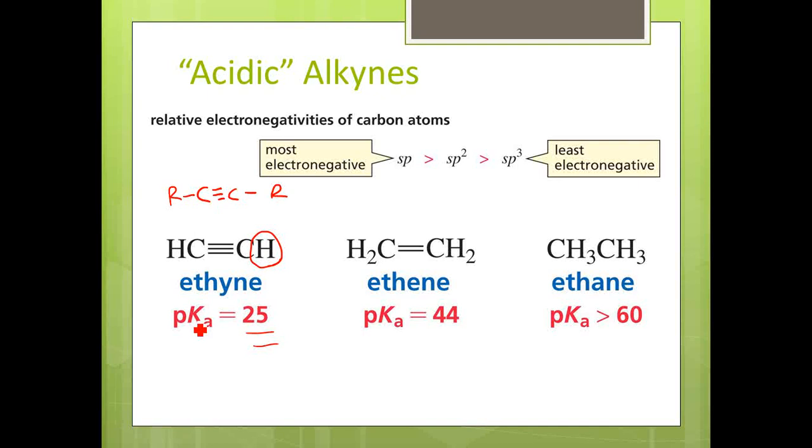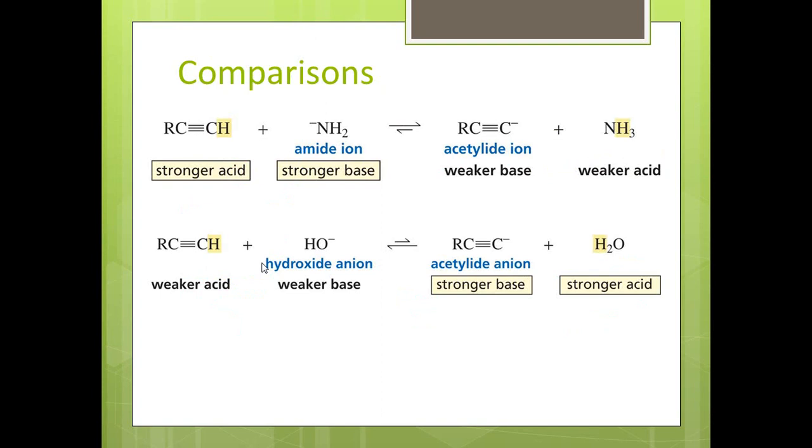With a strong enough base, we can have the alkynes donate protons. Now that's very specific. The triple bond must have an H on it, because if we actually put our groups on either side, the pKa's go back to being close to alkanes or alkenes, because we don't necessarily have a guaranteed sp carbon and just an R. So we really do need a terminal alkyne for this to be a situation we can take advantage of.